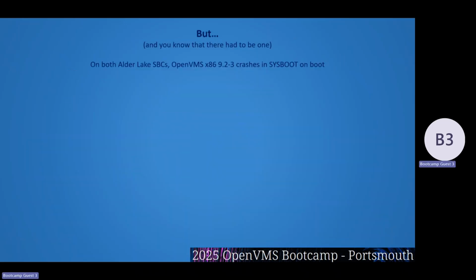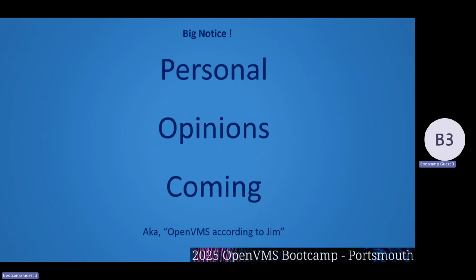And now we get to the accept. On both Alder Lake SBCs, 923 doesn't make it through sysboot. Don't know why. Probably an instruction set thing. But the other thing is that as these SBCs get more complicated, the number of knobs in the BIOS that you can twiddle grows exponentially.